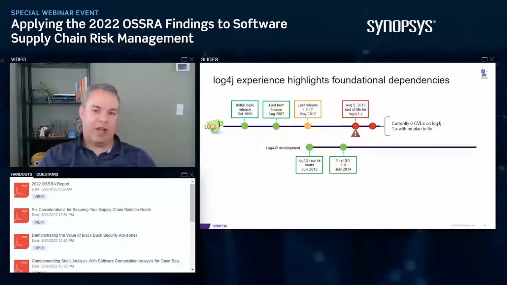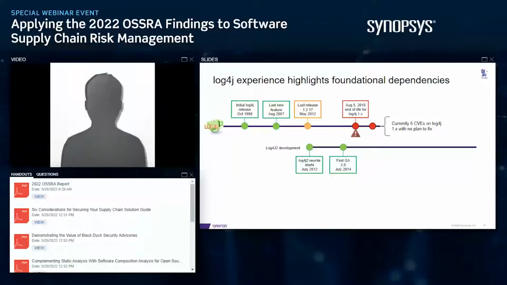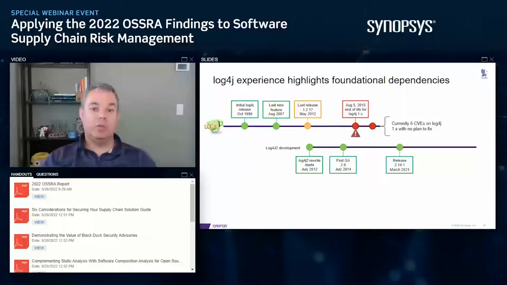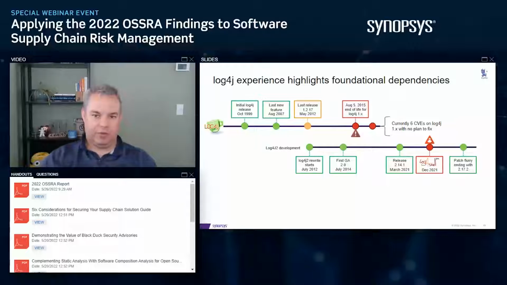When I made this slide, there were currently 6 outstanding CVEs, all with the status of no plan to fix, with an indication of the correct answer. Version 2.14.1 was released in March of 2021, and that is the latest version that shipped prior to Log4Shell being disclosed.